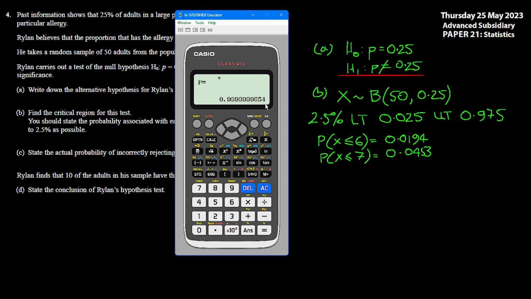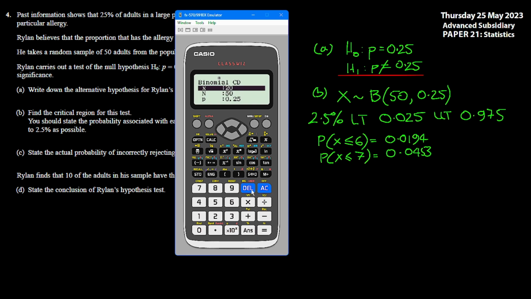We're still massively high. 20. 0.9937. We're getting near, but we're still effectively in the critical region. We need to find one of the values which comes out of the critical region. In other words, below 0.975.